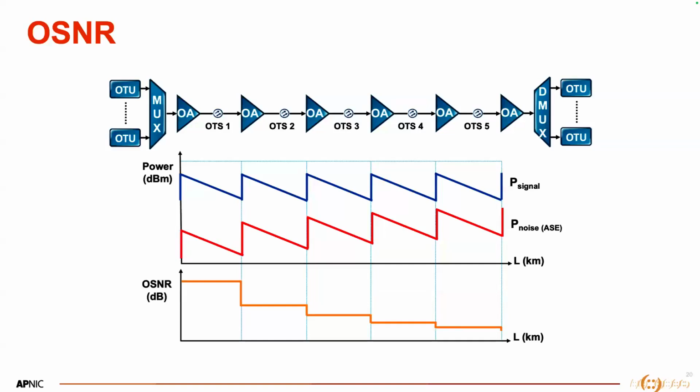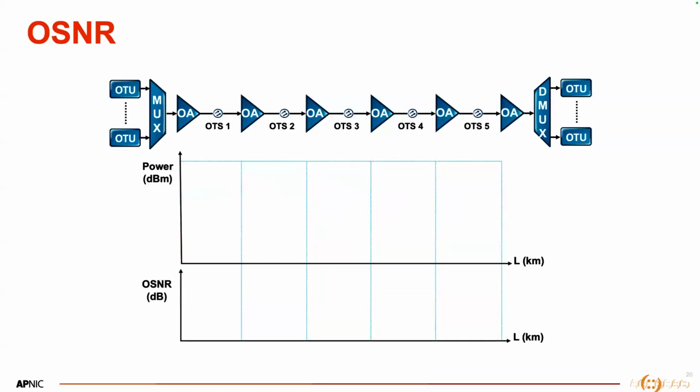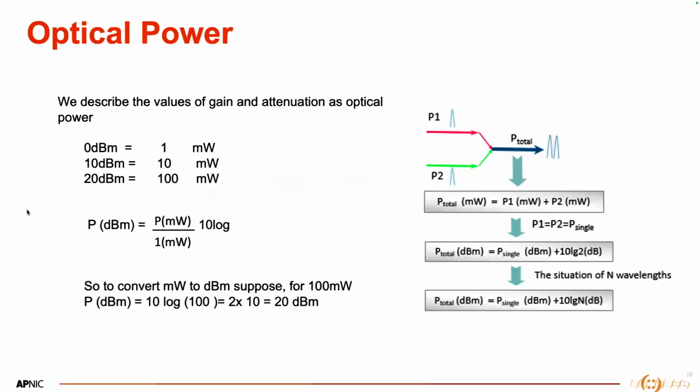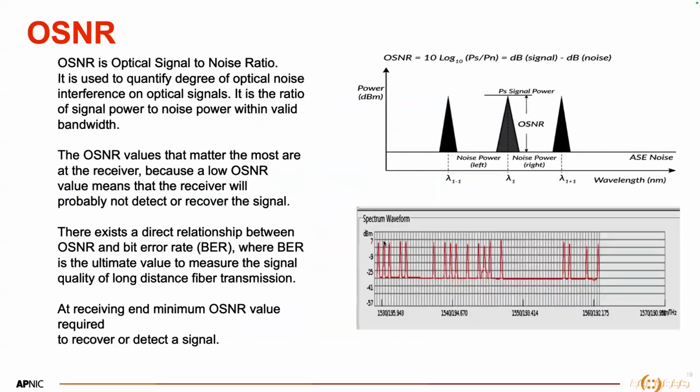But the point is you will always have an NMS, and your NMS is going to help you with this kind of spectrum waveform. This is a screenshot from one of the vendors' NMS, and here you can see the strength of your signal and the noise level, everything is shown here.